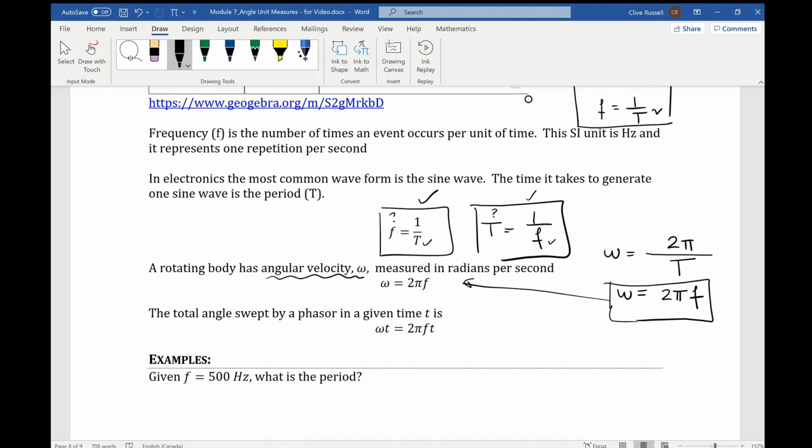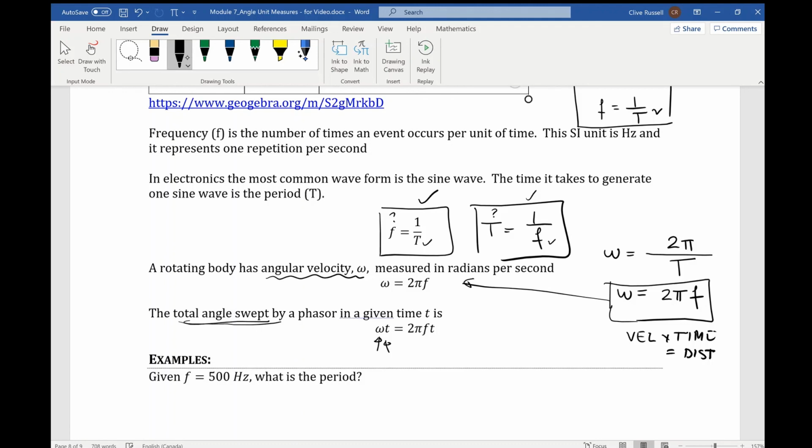Now, if you multiply a velocity by a time, you get a distance. Velocity times time will give you some distance. Here we're measuring the distance in terms of the total angle swept out. So it has to be equal to some velocity times time.